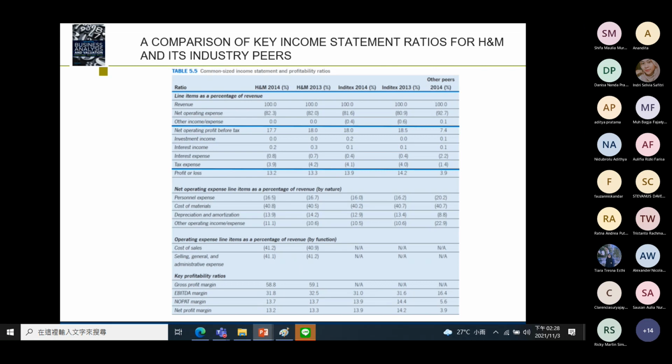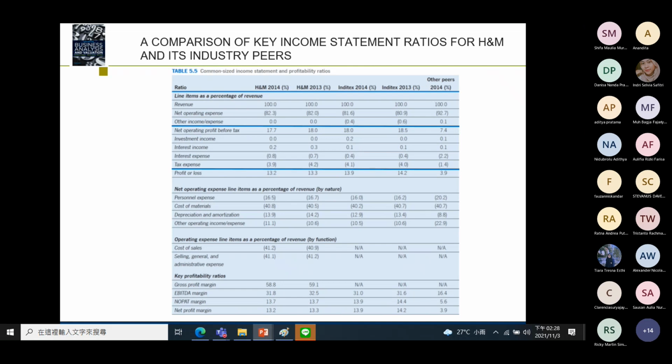The international accounting rules require all firms reporting under IFRS to classify and disclose their operating expenses by nature, either in the income statement or in the notes to the financial statements.